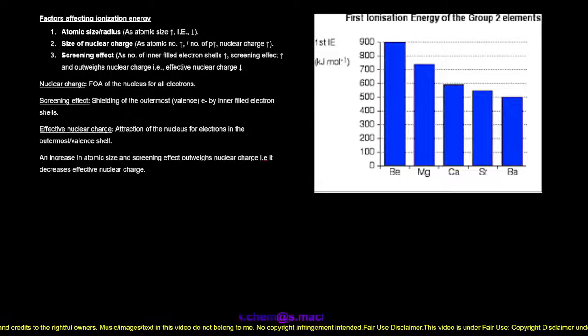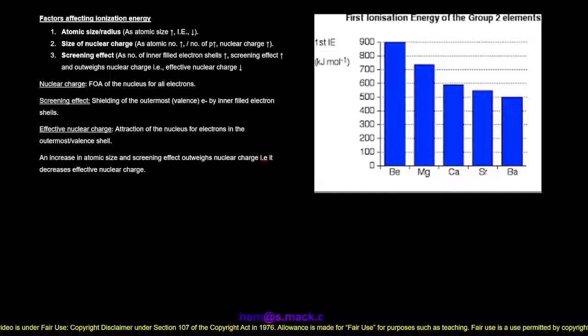On going down a group, atomic size is expected to increase, because each successive element has one more inner-filled electron shell than the previous. We have an increased number of protons and an equal increase in the number of electrons, so our nuclear charge is expected to increase.